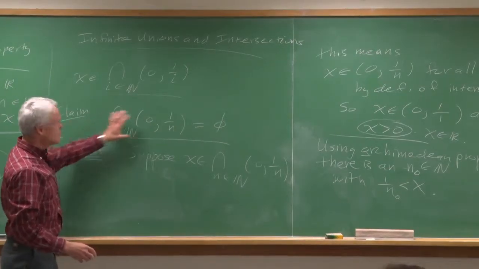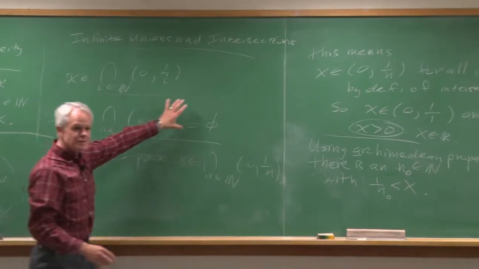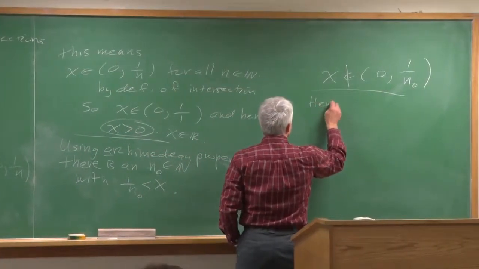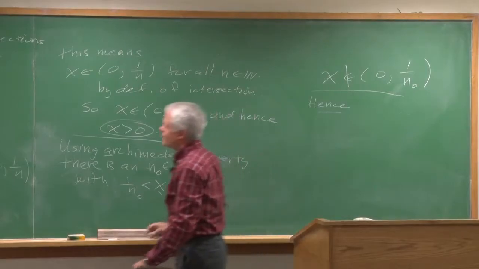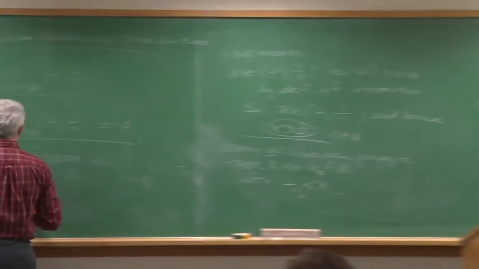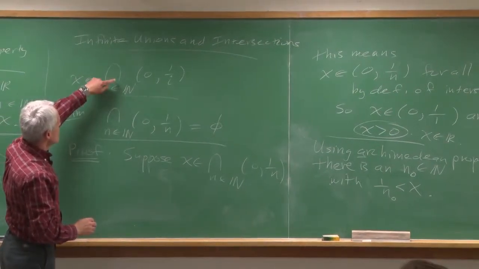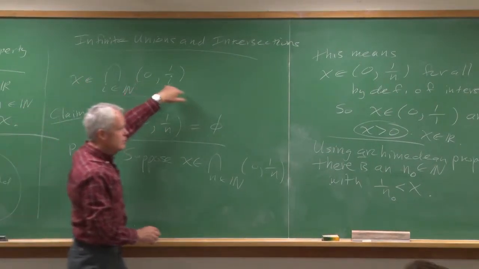So could x be in the intersection? Nope, right? Hence, we have to think about our quantifiers, right? So this means that x is in every one of these.